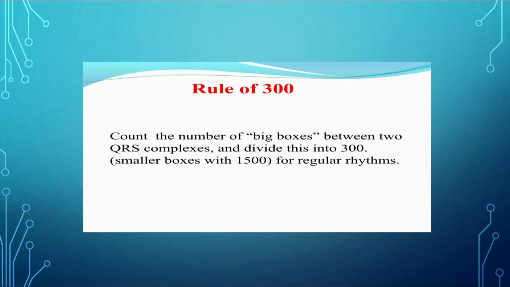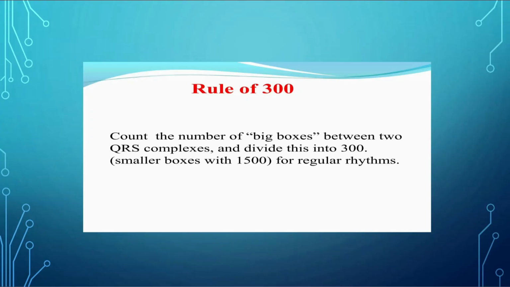If you see a big square, then count the number of big boxes between the two QRS complexes, and there you have to divide this into 300. Smaller boxes with 1500. If you check the big box, then it should be 300, and if you count smaller boxes, then it will be 1500. So this is the rule of 300.